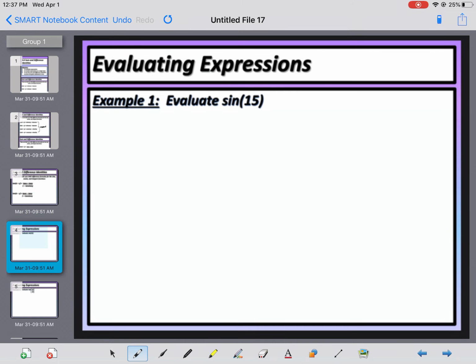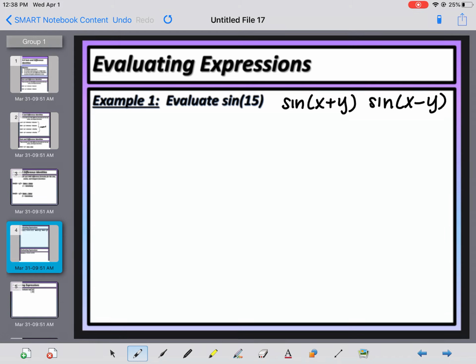A couple different types of problems that we could do with these identities. The first, we're just going to try and evaluate. If I have the sine of 15, we can use either addition or subtraction, but I need to find two angles that I can either add or subtract to get me 15.